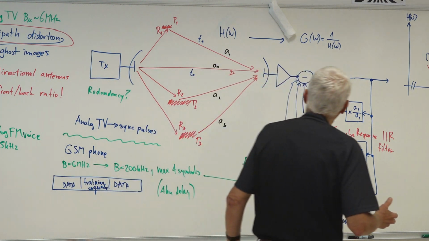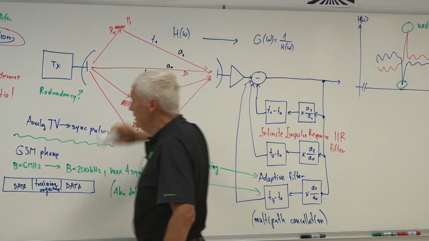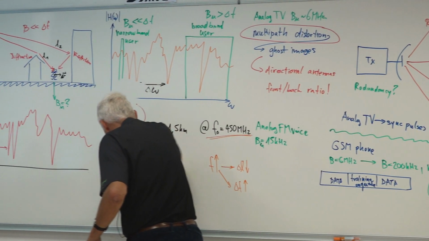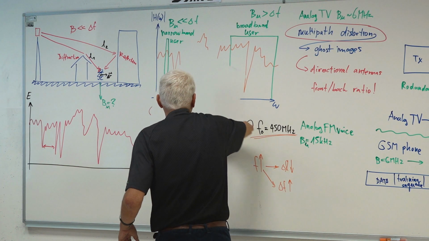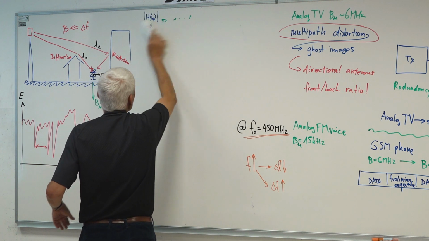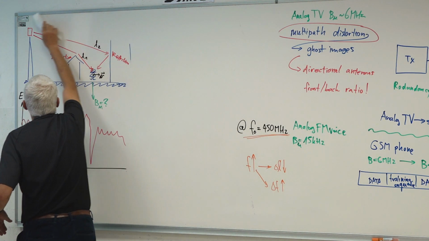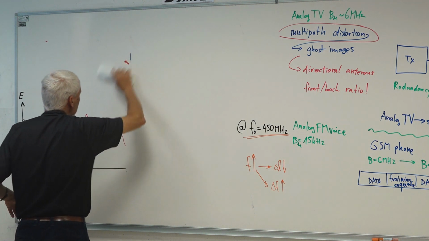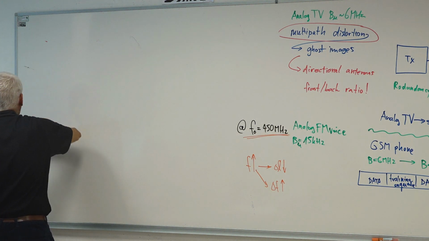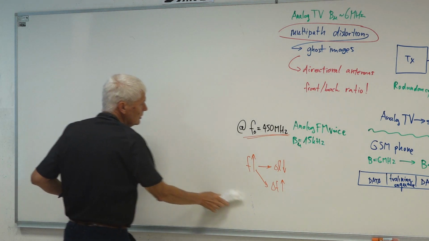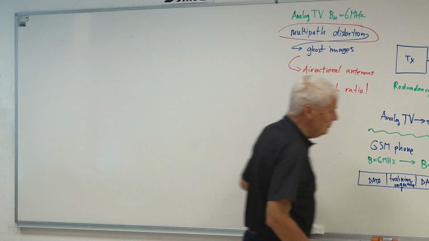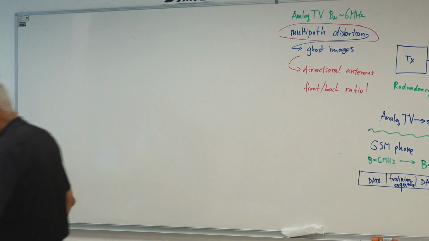What is the trick with spread spectrum? It is a completely different solution to the adaptive filter. So what are we trying to do with spread spectrum?